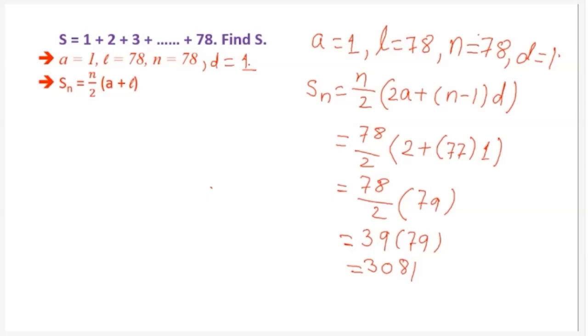S is equal to, नहीं मैंने इधर ये फॉर्मूला यूज किया. A plus L, sorry. That formula can be used. No, दो formulas है. A plus L. Last term I know. So D की जरूरत नहीं थी. Okay, fine. So 78 divided by 2 into bracket 1 plus 78. Anyway, दोनों जगह से किया आंसर वही आएगा 3081. Either you use first formula, you use second formula.